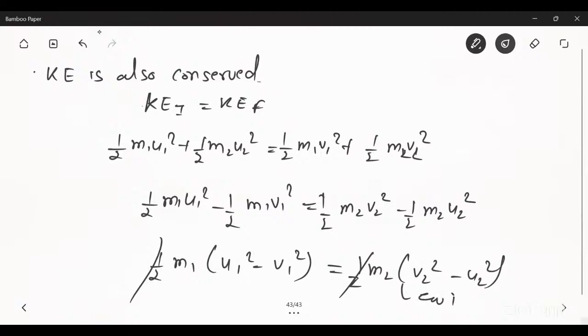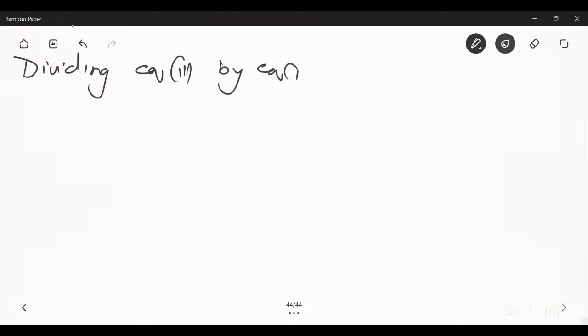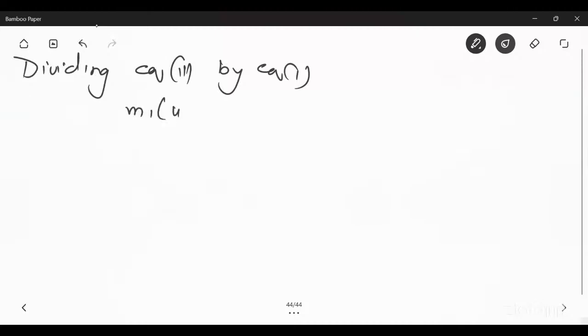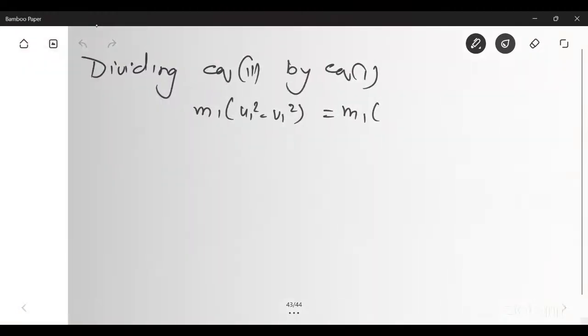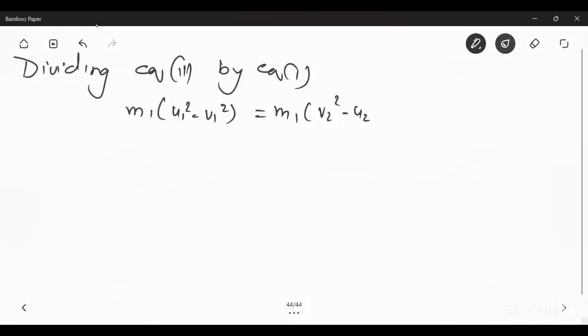Dividing equation second by equation first, we get m1 (u1 square minus v1 square) upon m1 (u1 minus v1) equals m2 (v2 square minus u2 square) upon m2 (v2 minus u2).